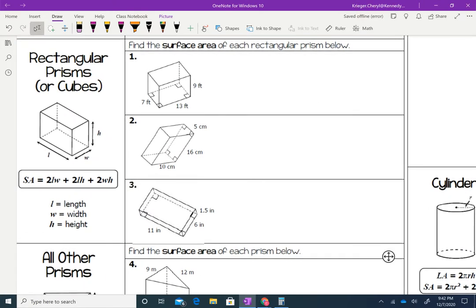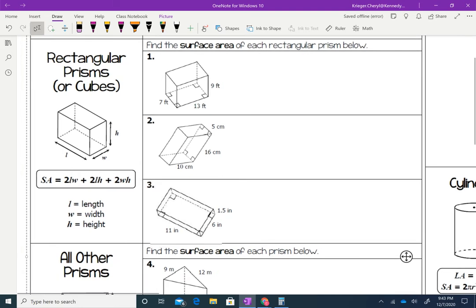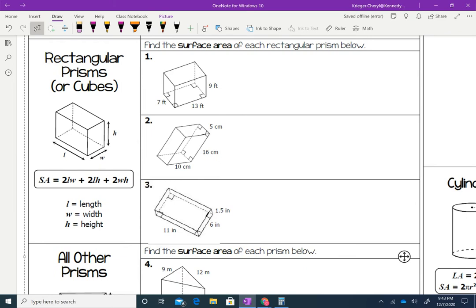Okay, so I'm going to show you how to find the surface area of a rectangular prism, which is pretty basic, and it just kind of introduces the topic of surface area in a really easy to understand way. So the surface area is the area of all the surfaces combined.